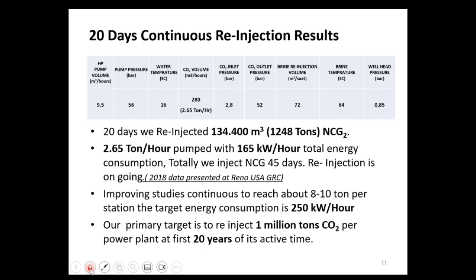We totally re-injected 134,400 cubic meters, which is 1,248 tons of NCG, at 2.65 tons per hour, with 165 kilowatt-hours of energy consumption.